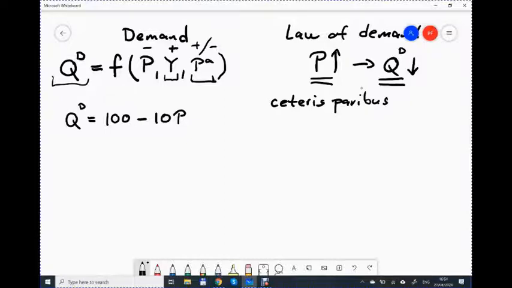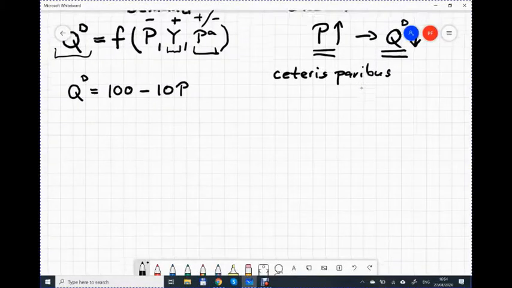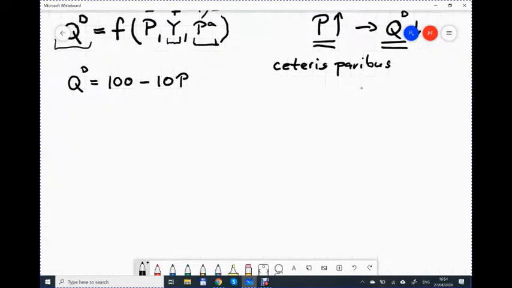Of course, there are other types of functions which can describe demand, but in this course we will make things simple, and therefore such linear forms can be expected. This is then the normal way to write up the demand.